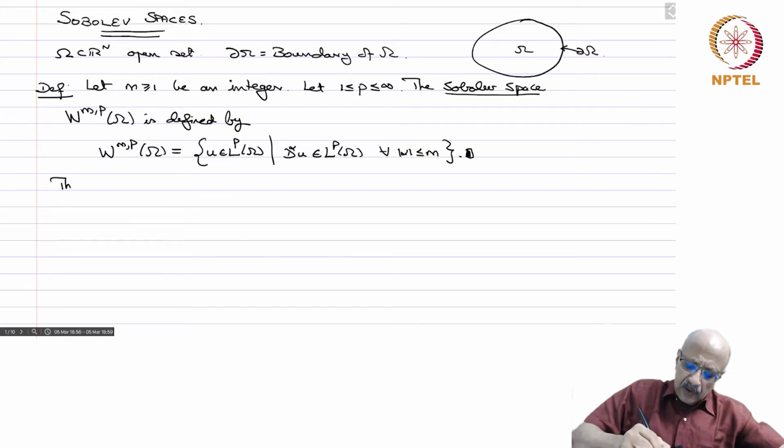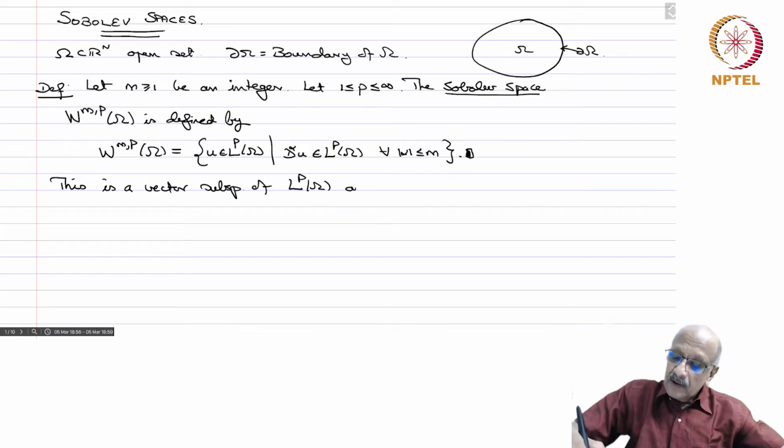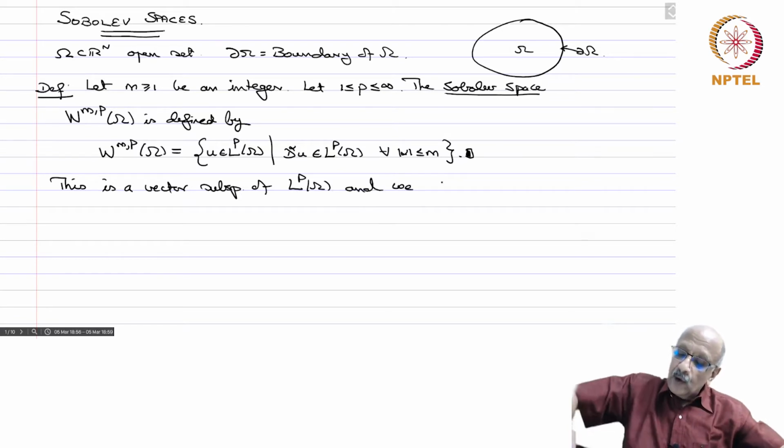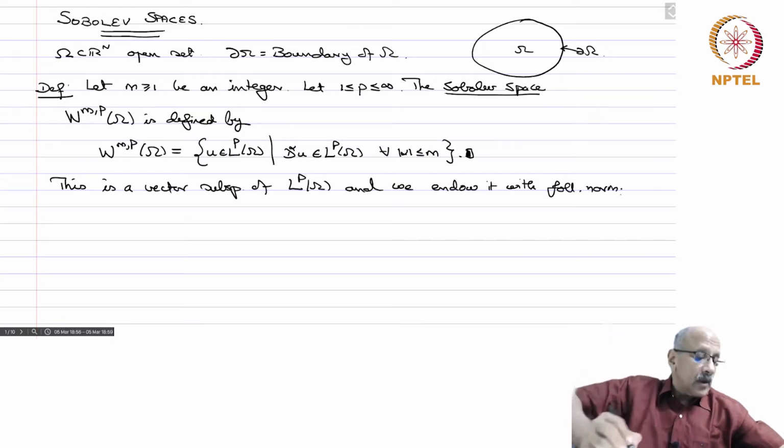So, this is a vector subspace of LP of omega, and we endow it with the following norm. Okay.